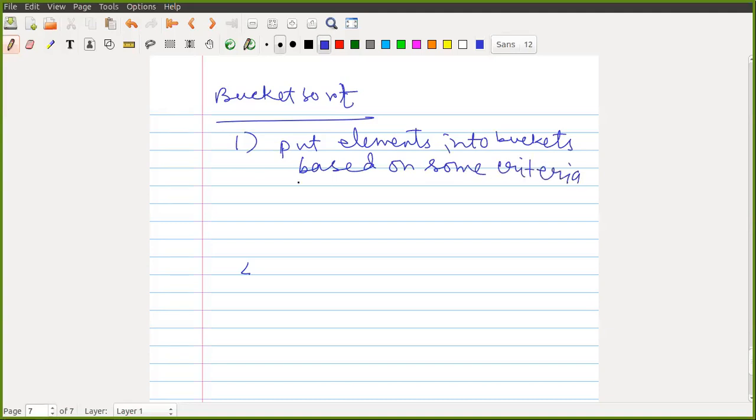Note we are assuming the input is random, so it is highly unlikely that all elements will belong to a particular bucket. Since the input is random, we can hope that the elements will be distributed among the buckets kind of uniformly. Maybe not exactly, but it is highly improbable that all the elements belong to a single bucket. Is this assumption okay?